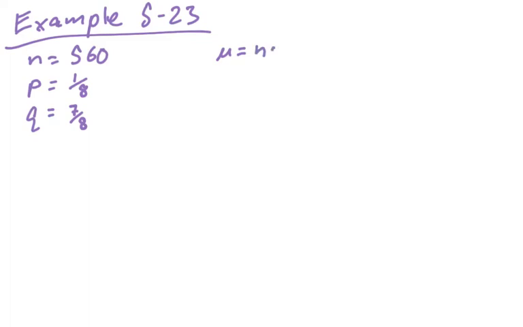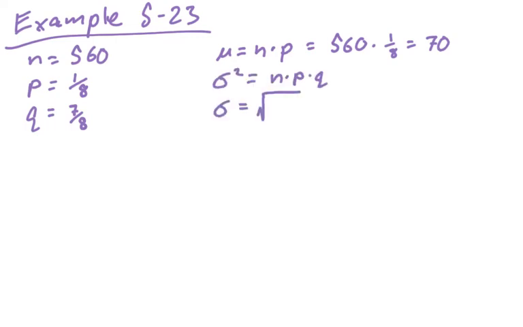So the mean is n times p. So in this case, it is 560 times 1 over 8, and that would give us 70. The expected number of 7s that will roll should be 70. The variance, sigma squared, is going to be n times p times q, and then sigma is just going to be the square root of whatever we get from that.